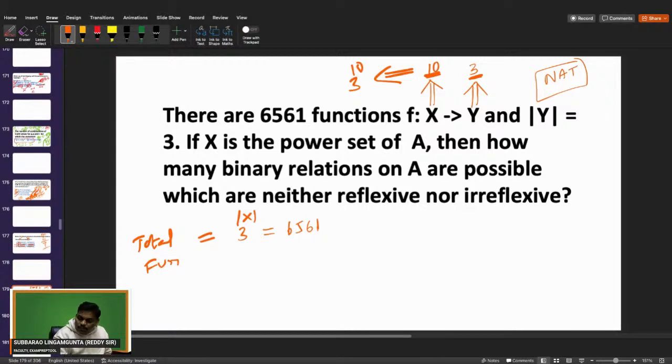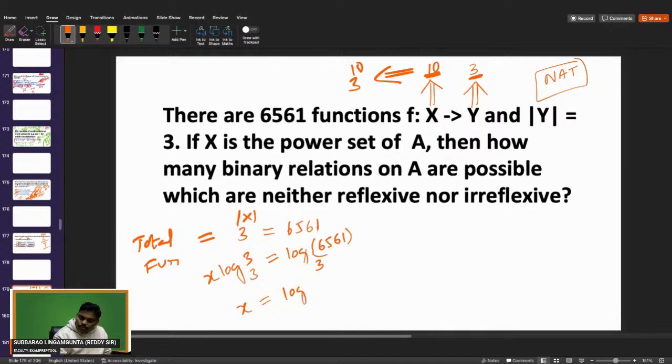But I want the x value. Apply log: x log 3 base 3 is equal to log of 6,561 base 3.